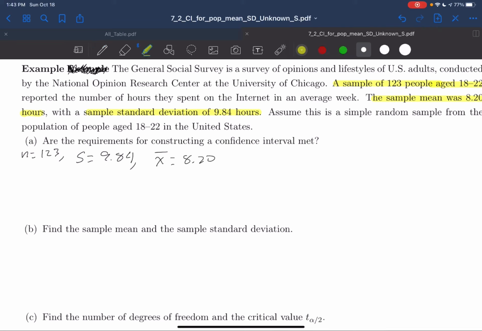Since our sample size, n, is 123, which is greater than 30, we could say that our sample mean distribution is approximately normal. So all the requirements are met, and we're also given our sample standard deviation and our sample mean. So we're all good, and we're able to compute a confidence interval.